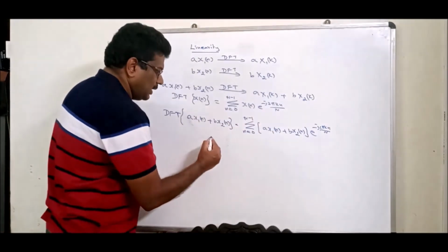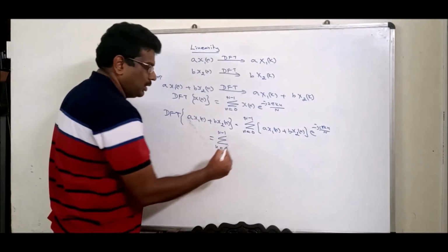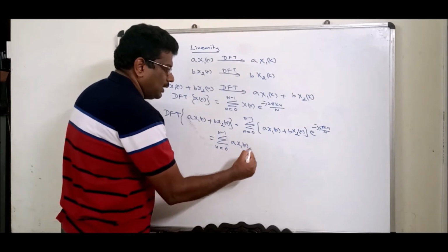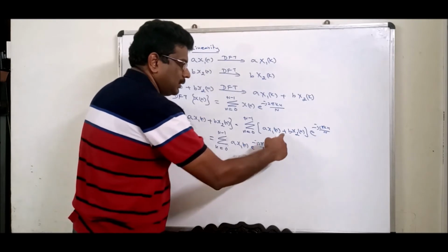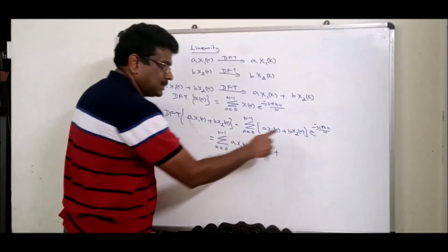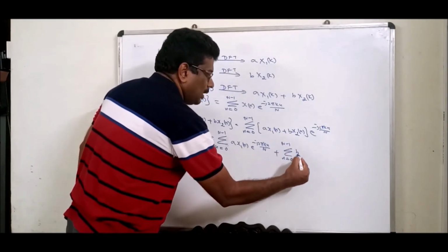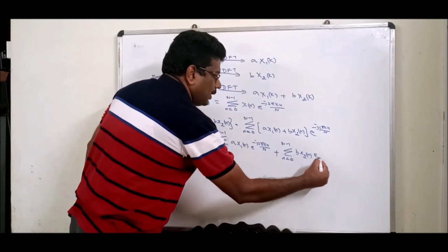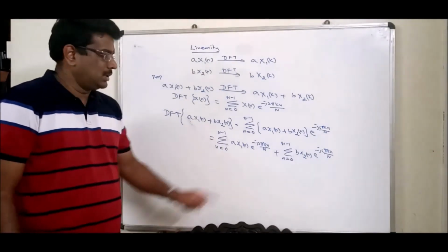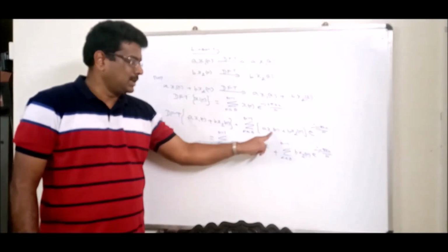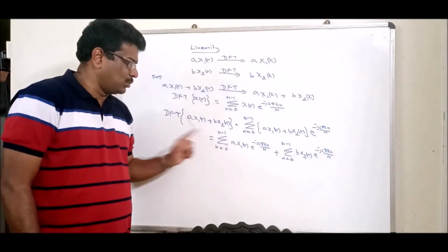If you just split, we can make it two summations: summation n equal to 0 to N minus 1 a x1 of n e power minus j 2 pi kn by N, plus another summation of this term, summation n equal to 0 to N minus 1 b x2 of n e power minus j 2 pi kn by N. Just splitting into two terms. This is one separate, this is one separate, in between plus. Who is a? Just an amplitude, we can take it outside. Who is b?